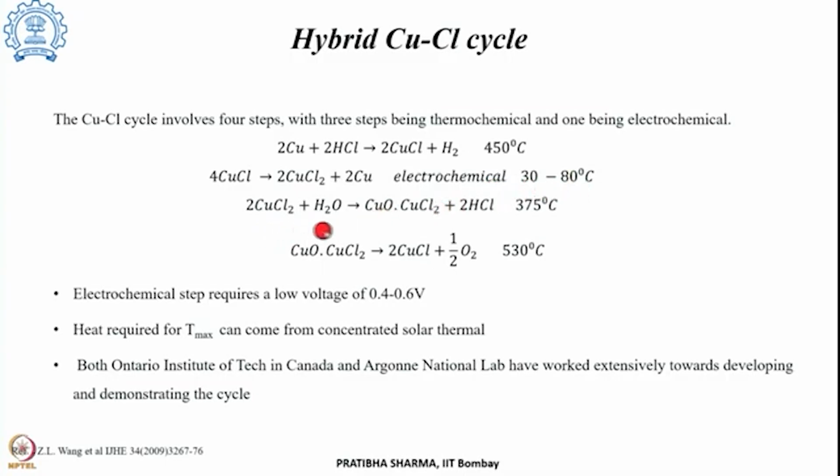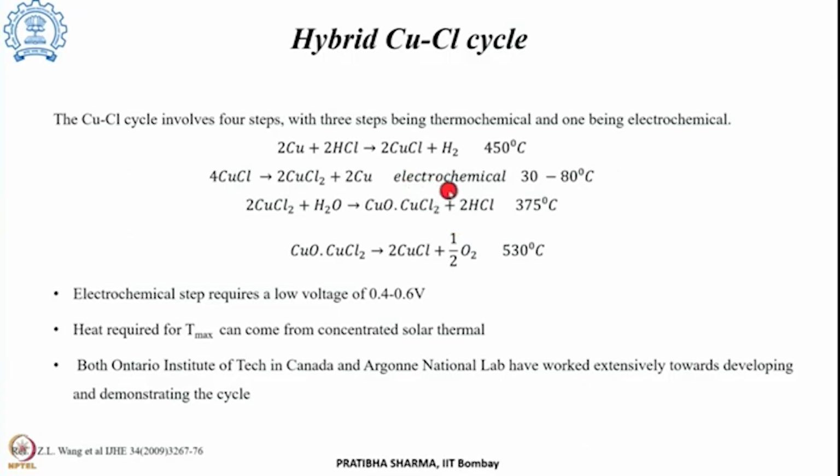This CuCl2 reacts with water to produce Cu2OCl2 and HCl at 375 degree centigrade. This compound again produces CuCl and oxygen at 530 degree centigrade. So, the first step is the hydrogen evolution step and the last step is the oxygen evolution step.